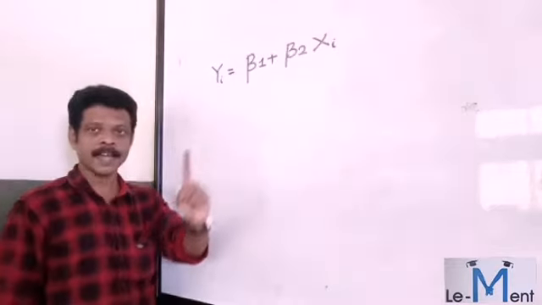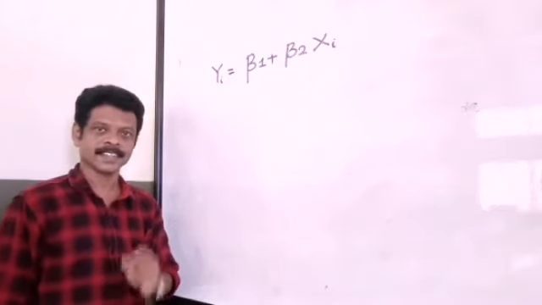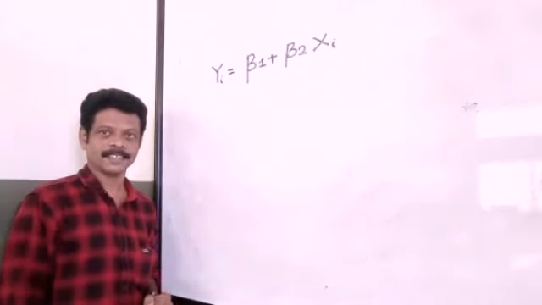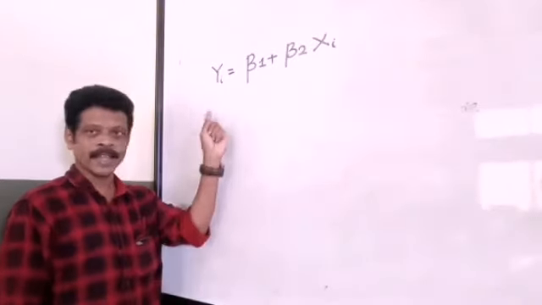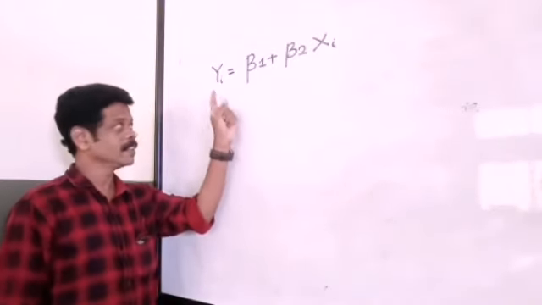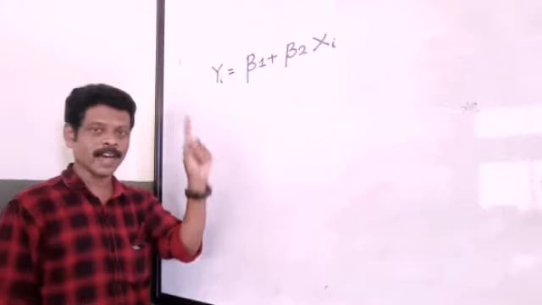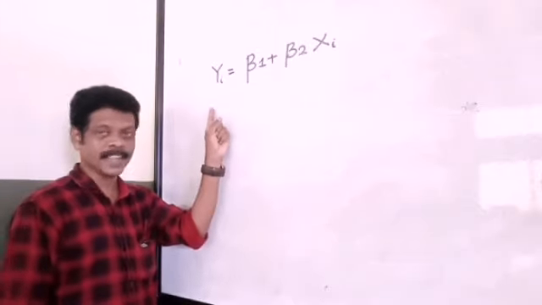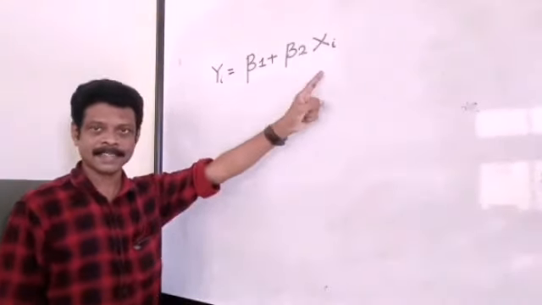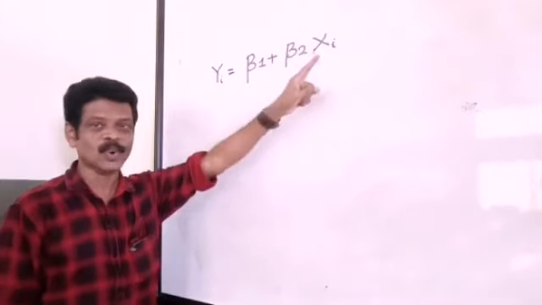The subscript i represents the ith observation. That is, yi means the ith value of y and xi means the ith value of x.